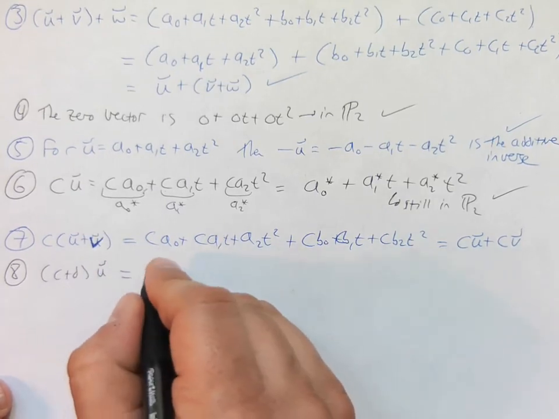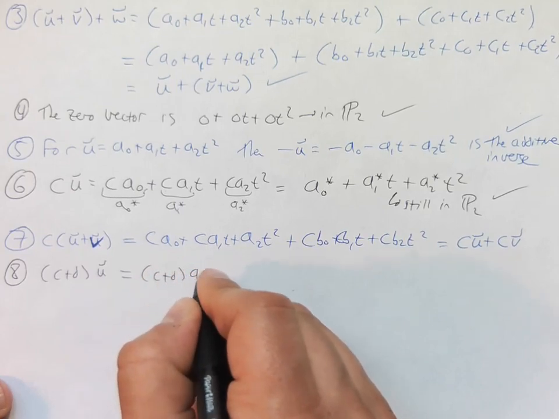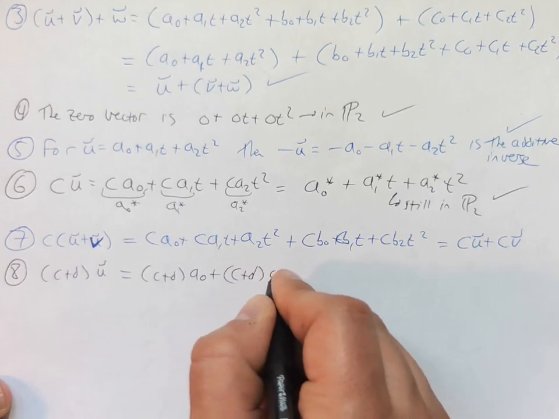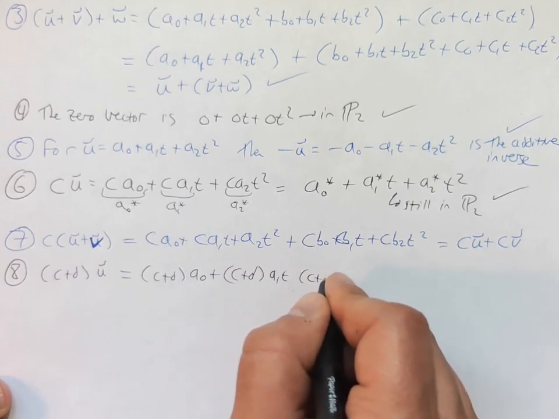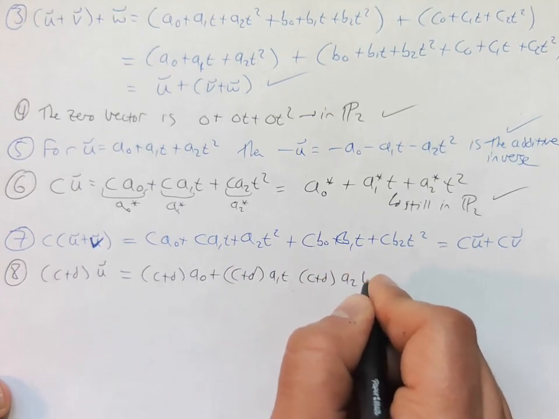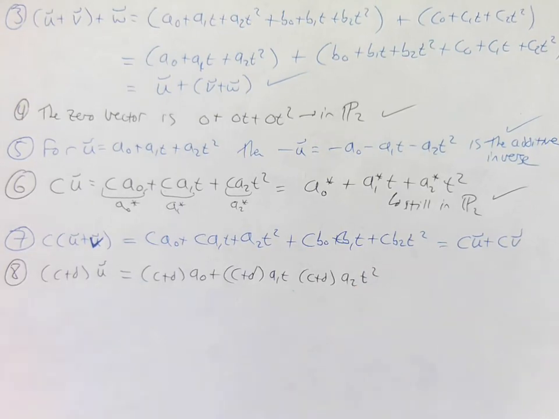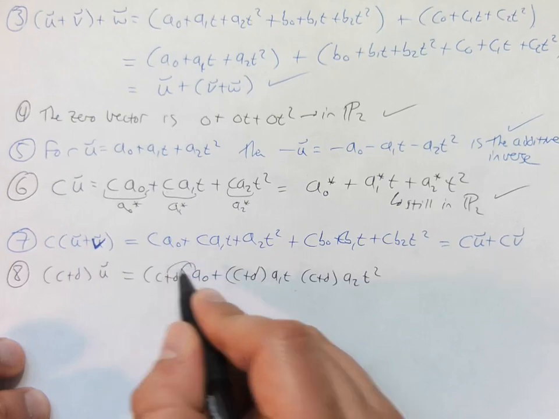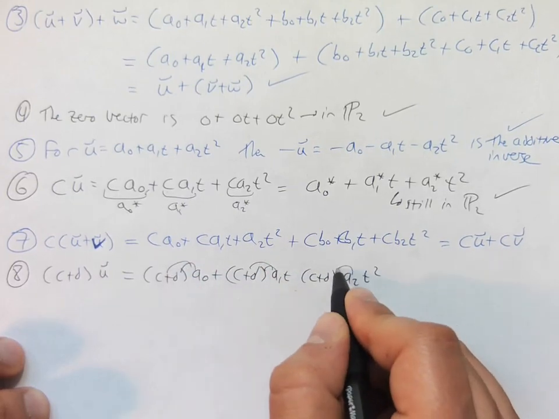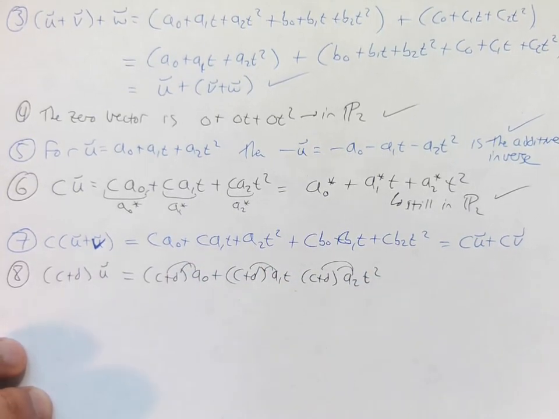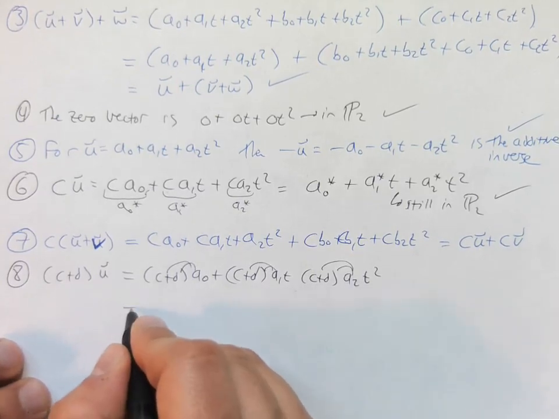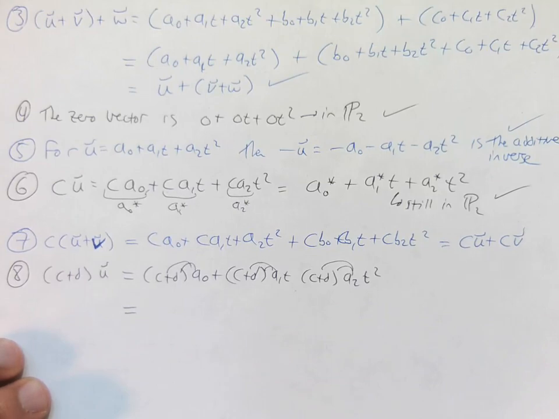So it would be kind of like c plus d a0, c plus d a1t, c plus d a2t squared. And then once we have this set up, we know that we can distribute real numbers like that. So we'll distribute the real numbers and then group the c's and the d's separately.